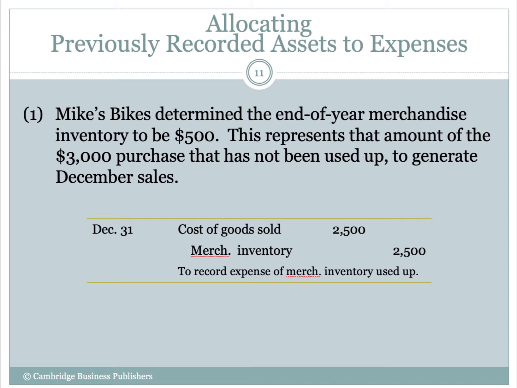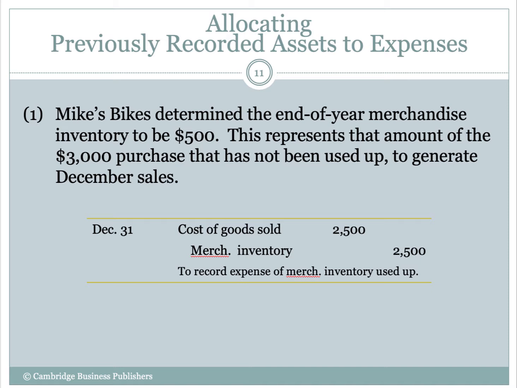Okay, this is just one example of adjusting a prepaid expense. I don't care what prepaid expense adjustment you're doing, it doesn't matter. There is always going to be a debit to an expense and there's always going to be a credit to an asset. Okay, we're decreasing our asset to show that, hey, we've either used up this asset or this asset has expired over time, so we need to expense that.